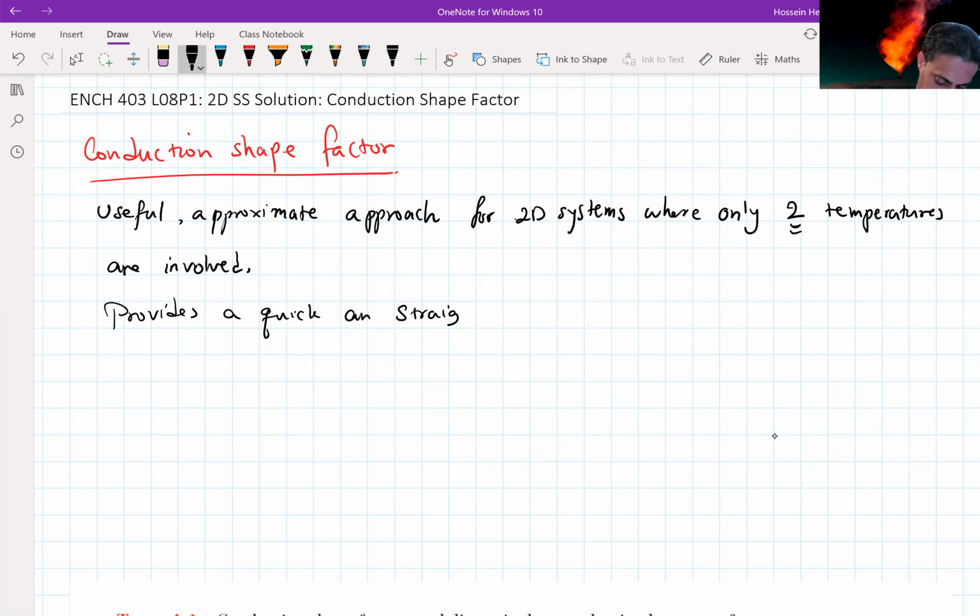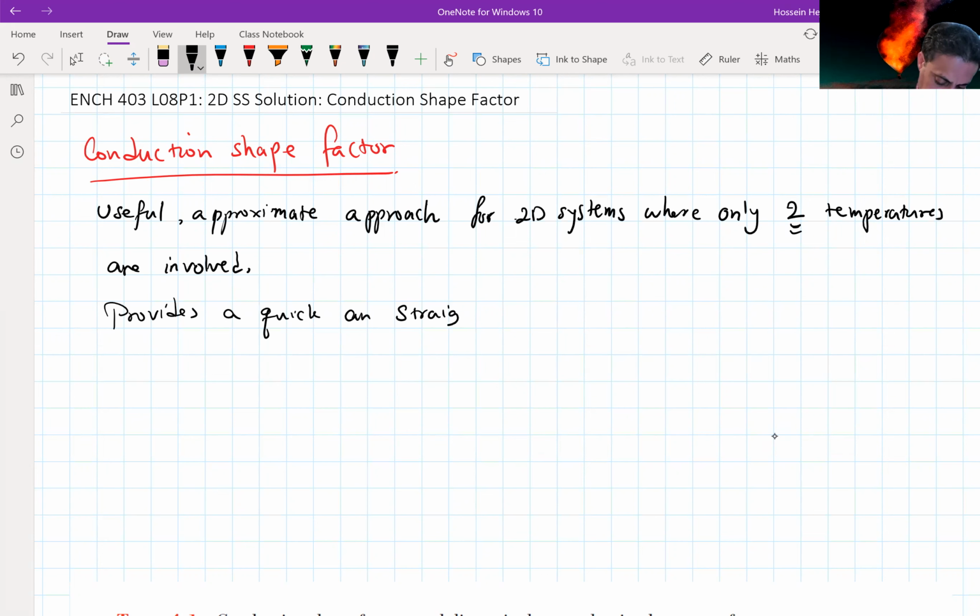Let's say we know the thermal conductivity of the soil, which you can read from tables or other references. What we are going to do is find Q. In terms of assumptions, let's assume this is steady-state 2D.